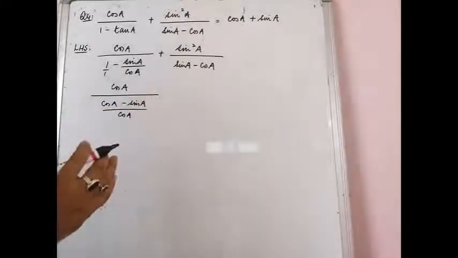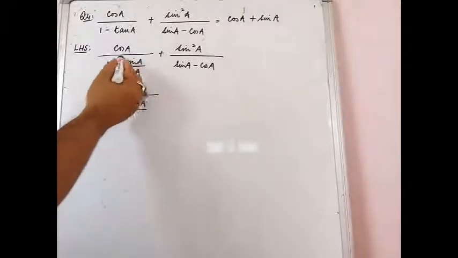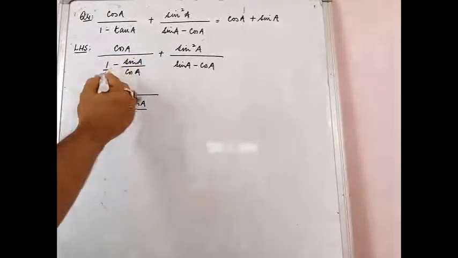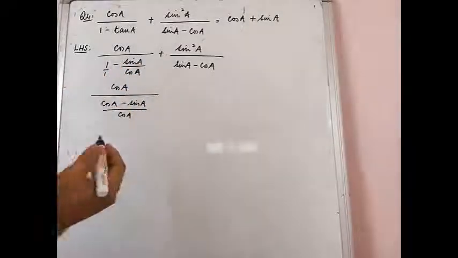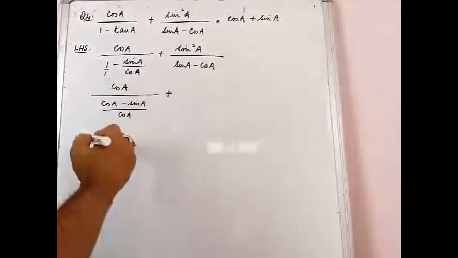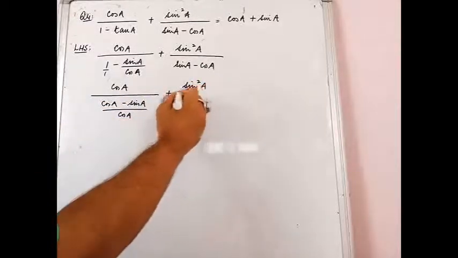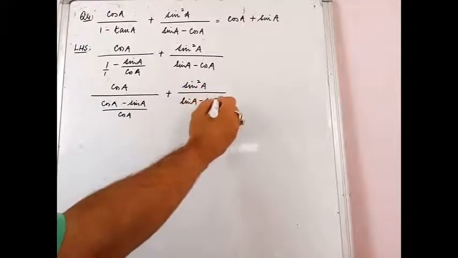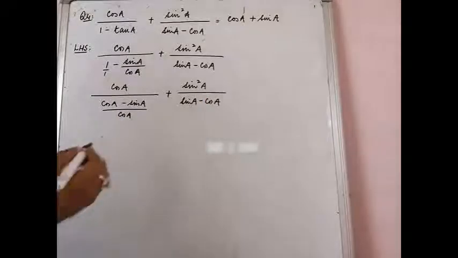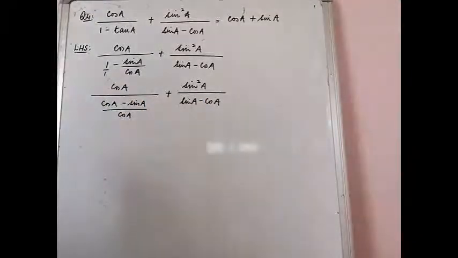So essentially what I have done in this portion is I have taken the LCM for this particular denominator. So you have cos A and then cos A minus sine A, plus again you don't have to do anything over here as of now, sine square A upon sine A minus cos A will remain like this. Now this cos A obviously will go to the numerator, main numerator. Why?